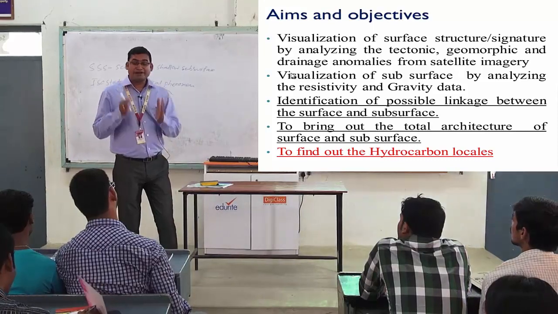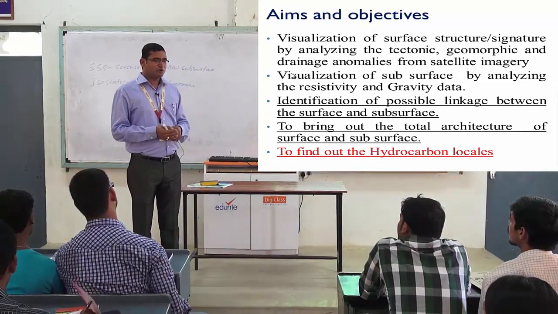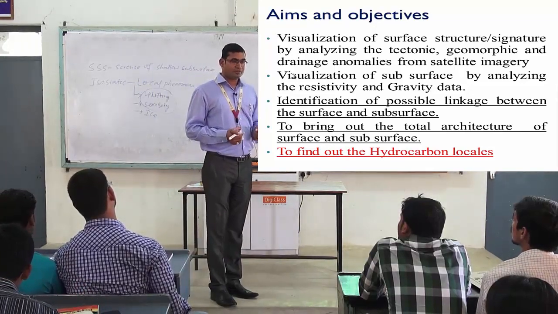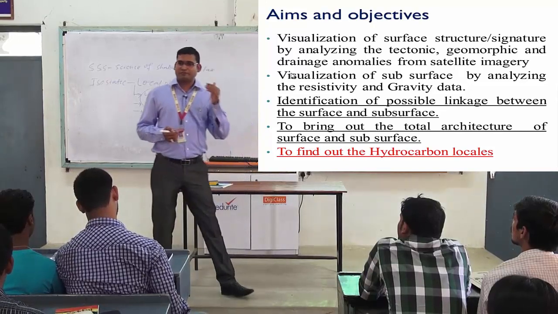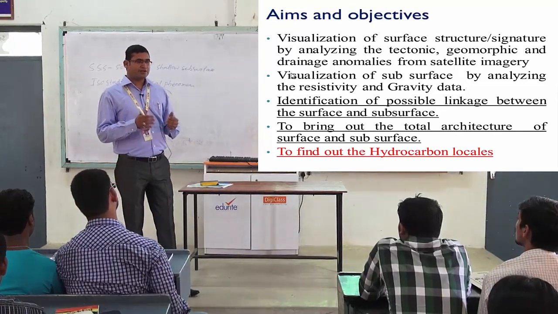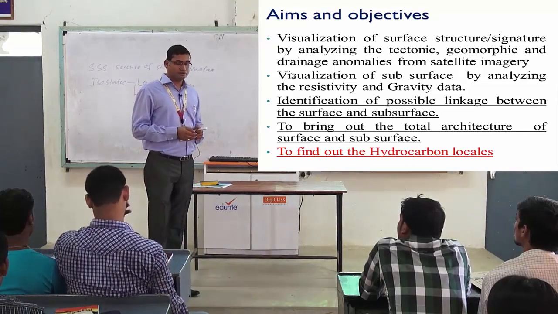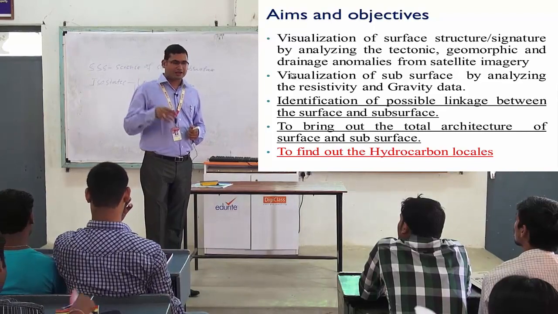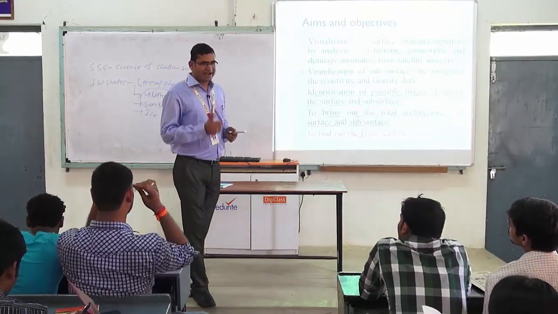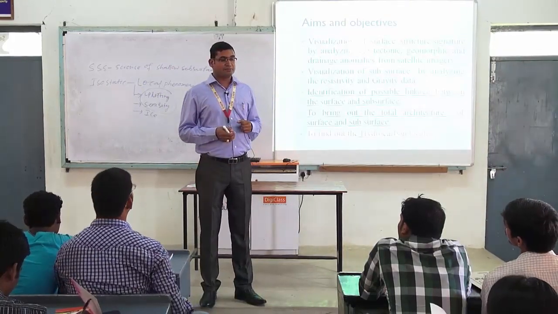Then the main important thing, whatever you are going for identifying, whether such research is useful for society or not. And the societal benefit proposed is to find out the hydrocarbon locales, where such an environment is there, and how to find the hydrocarbon locales or hydrocarbon deposits in that particular area. Particularly for hydrocarbon locales, you need a depositional environment.